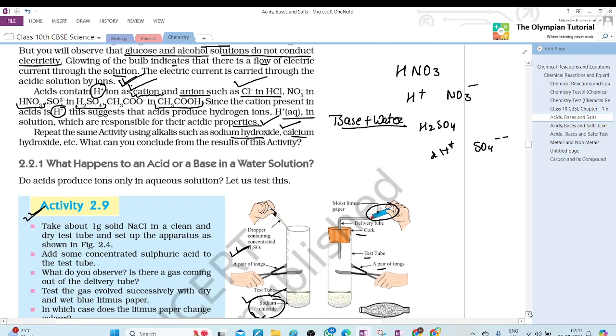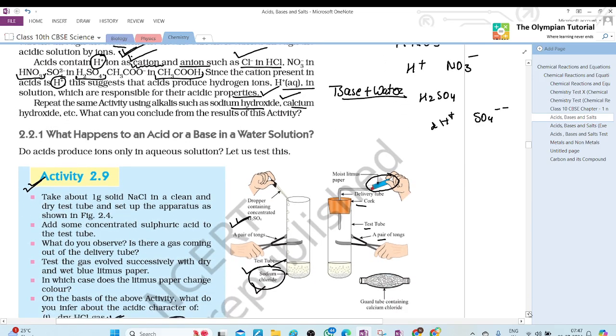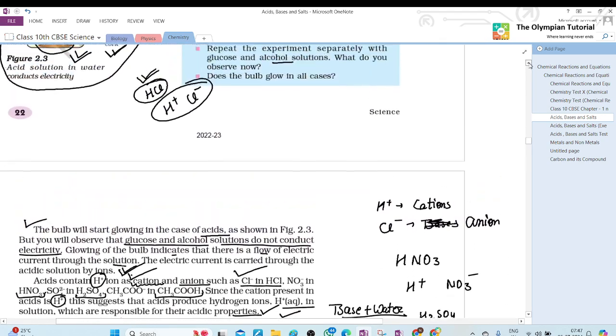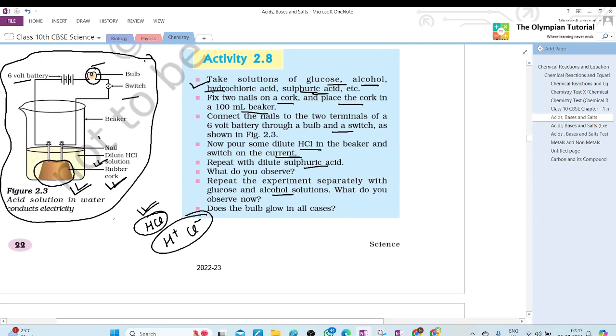In case of bases, with the same activity which we have done with acids, the bulb will glow, because in case of bases we are also getting cations and anions which will conduct the electricity.